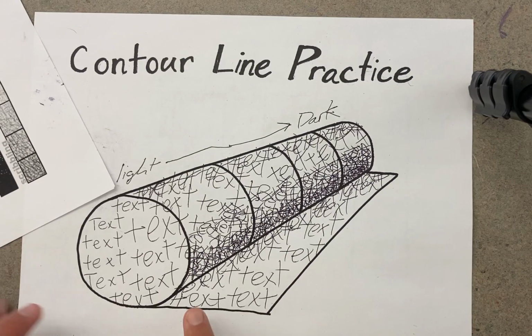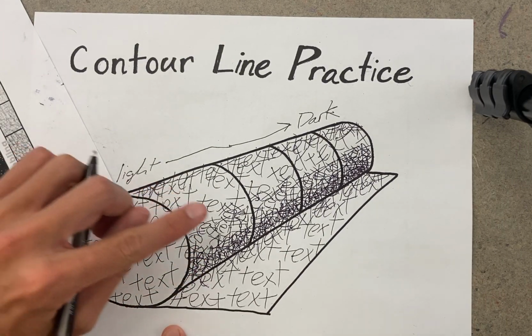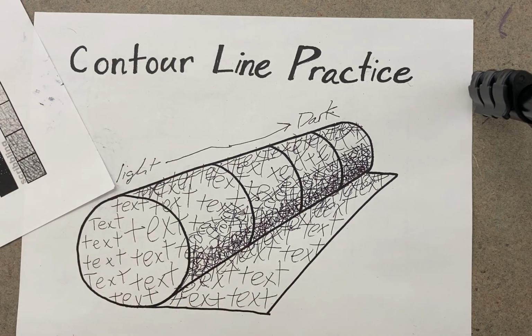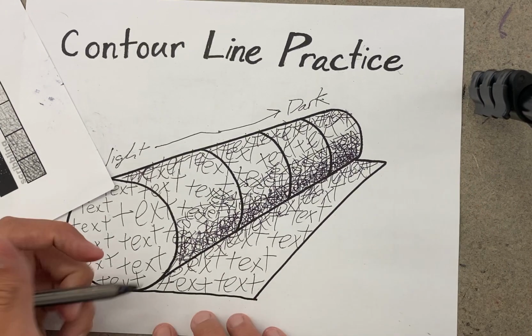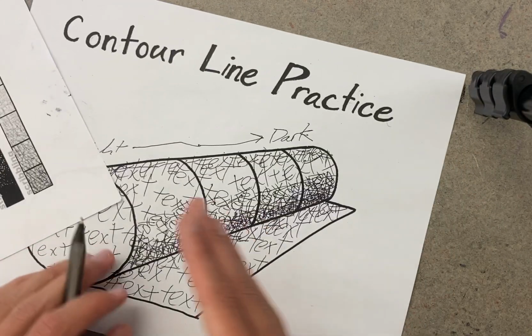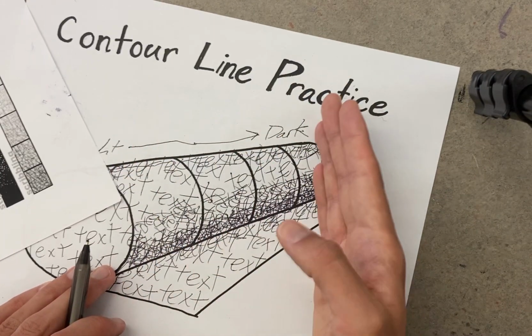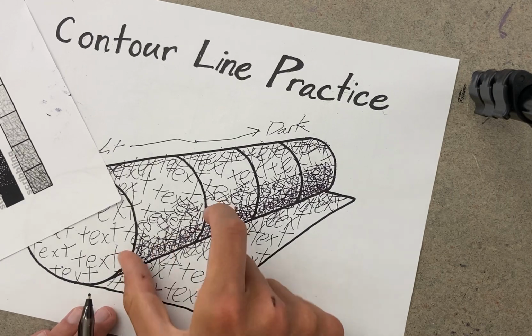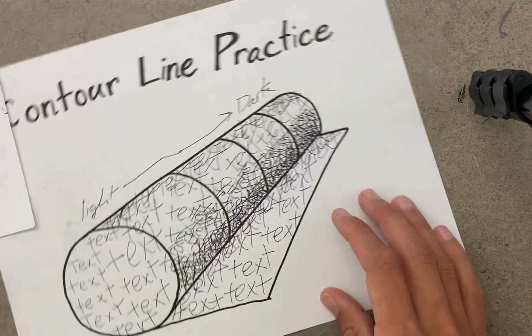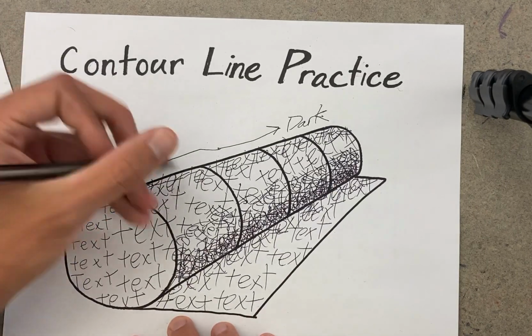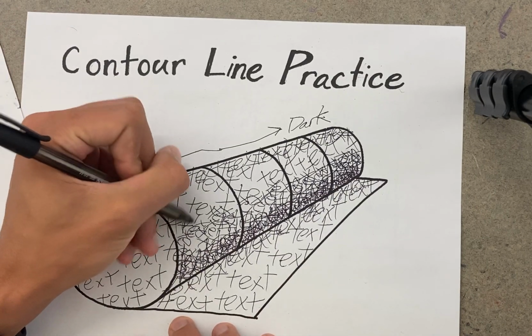Okay, so now you can see we're starting to get a sense of form. Additionally, one thing we're going to add is levels of darkness through each layer of separation in our cylinder. We're going to leave this one the same. We are going to just add one more.